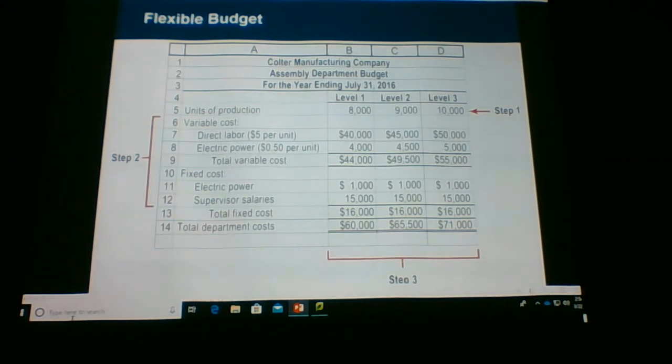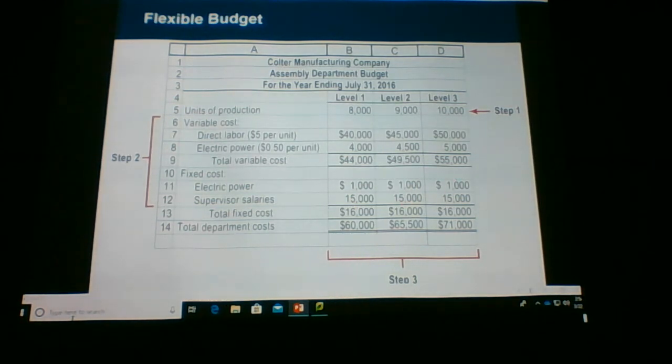I do want to point out one thing. We need to understand that there's an assumption here regarding relevant range. And the assumption is that whether we're in level 1, 2, or 3, we're all within the same relevant range. If you don't believe me, you can look down here at fixed costs and notice that fixed costs do not change.